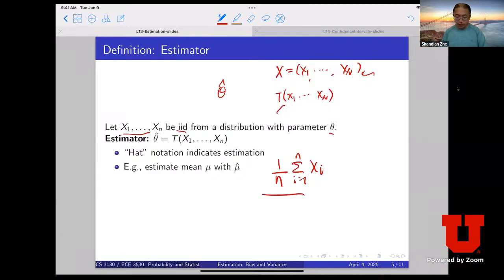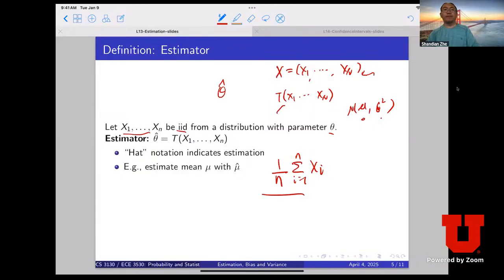If you assume those IID random variables follow a Gaussian distribution, we need to know the mean parameter mu and the variance parameter sigma square. You just know the form of the distribution, but you don't know the exact values of mu and sigma square.